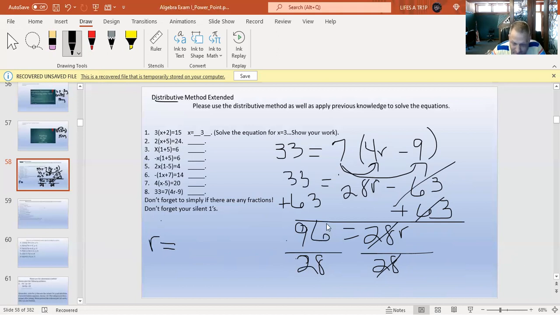We actually can simplify this into 24/7. I'm not asking for a decimal or a mixed number or anything, so we're just going to leave it at that. r equals 24/7.